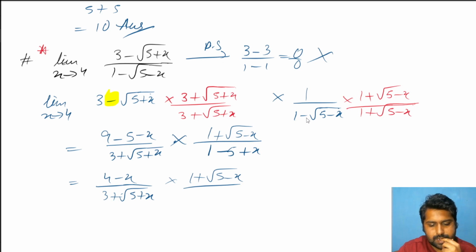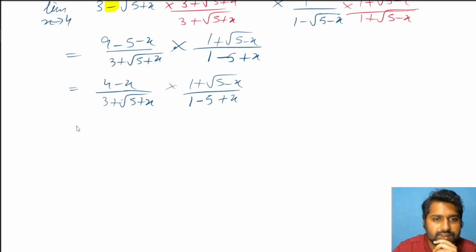Why? Let's solve, let's see. It will come 1 minus 5 plus x. Oh, it is coming minus 4. It's okay. No, I'm overthinking.